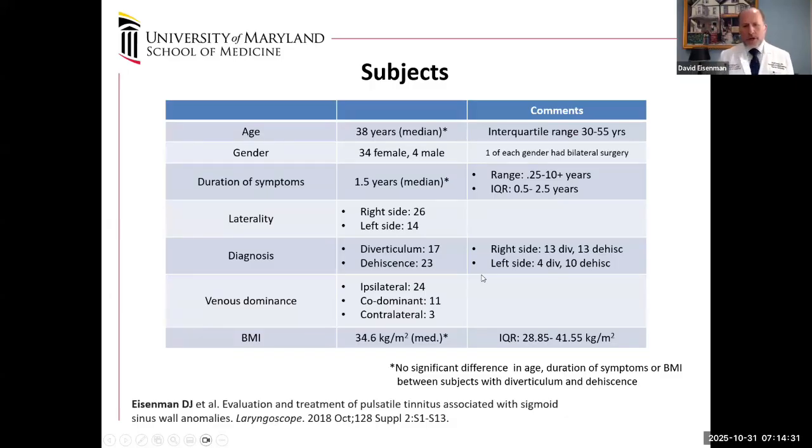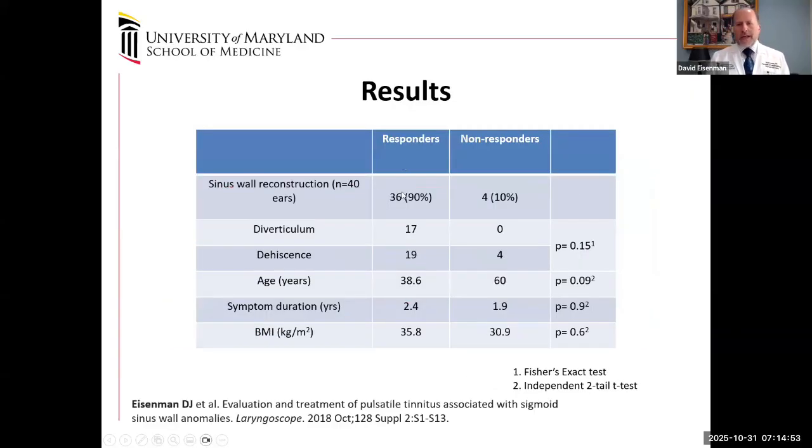So we published this a little while ago now, 7 years ago, the first 40 years, 38 patients, comparing patients with diverticulum and dehiscence. You might think they were different populations. We couldn't find any variables by which they differed, neither age, duration of symptoms, nor BMI. 90%, 36 out of the 40, were successful responders.